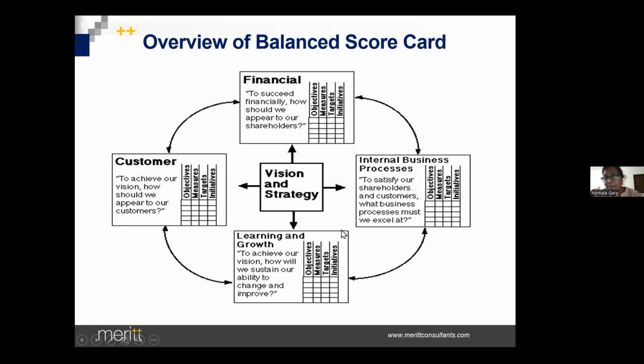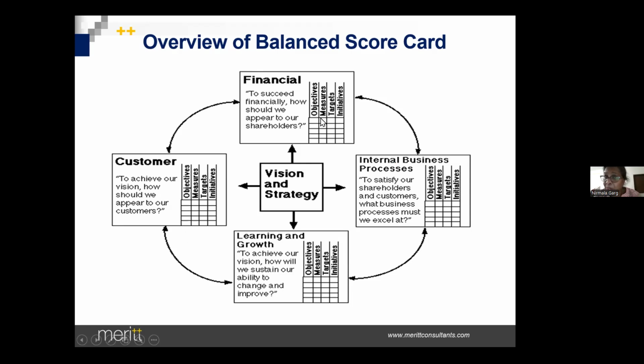Then by selling the better products, I will get promotion. So these two, internal business processes and learning and growth and technology, what are they? Lead indicators. Because only if I want better revenue, I have to work here, on internal business processes and learning and growth, not here.